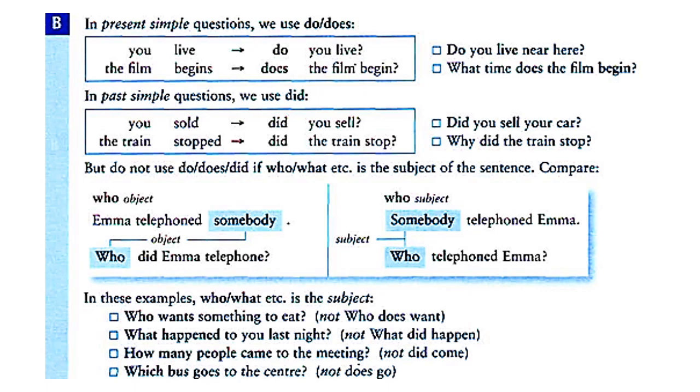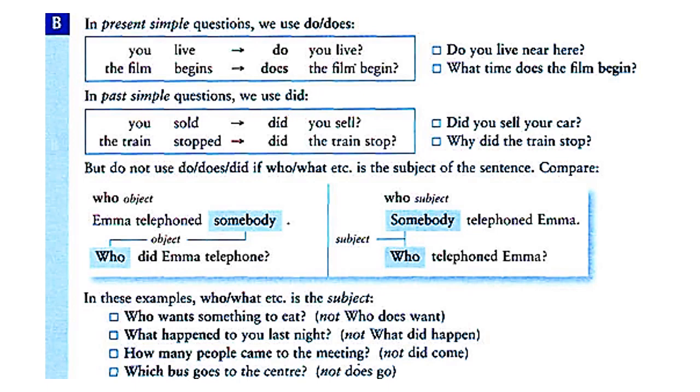In these examples, who, what, etc. is the subject. Who wants something to eat? Not who does want. What happened to you last night? What happened? Not what did happen. How many people came to the wedding or to the party or to the meeting? Not how many people did come.